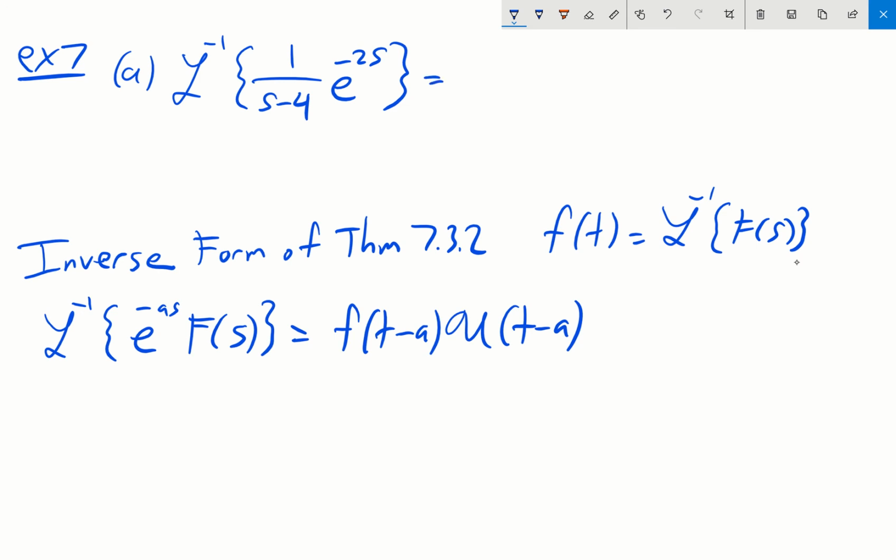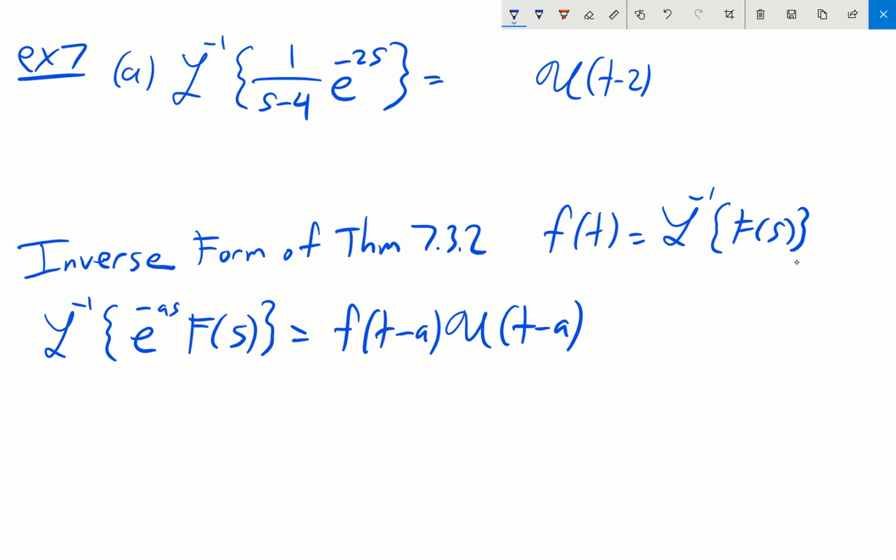Okay, so let's go ahead and work this one out. If we look at 1 divided by s minus 4, and we have this e to the negative 2s here, we know what's going to happen. This is going to produce the unit step function of t minus 2. And then we have to recall what we end up with along with it: f of t minus a.